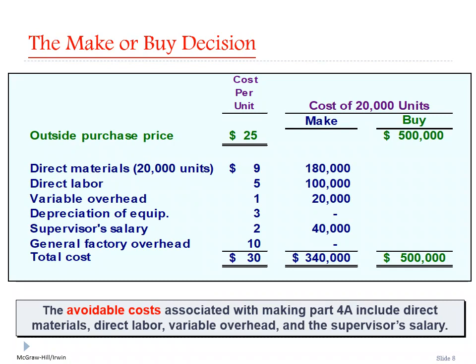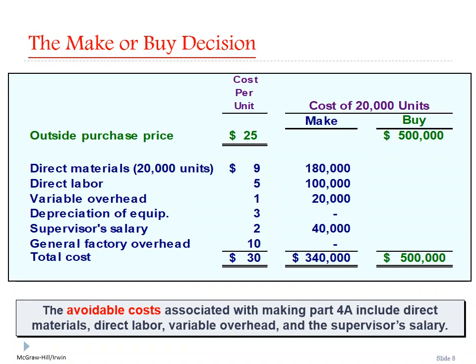Direct material 180,000, direct labor 100,000, variable overhead 20,000, depreciation of equipment 0, supervisor's salary 40,000, general factory overhead 0.